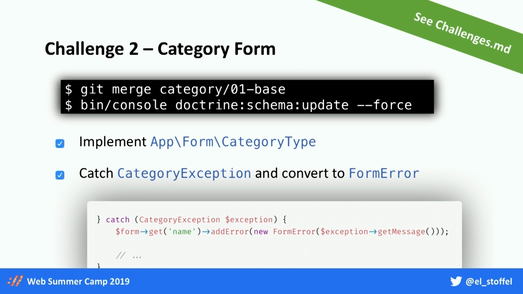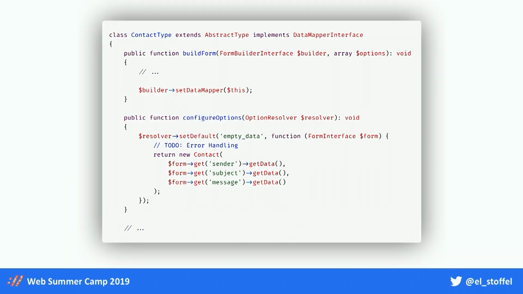And you can see in the challenge markdown file that I wrote, we implement the DataMapperInterface in the form type. So if I go back, maybe we can see that. Yeah, so I'm using the form type to implement the data mapper as well. You could just use a different class as well, but I think it's easier now to have it in one class.